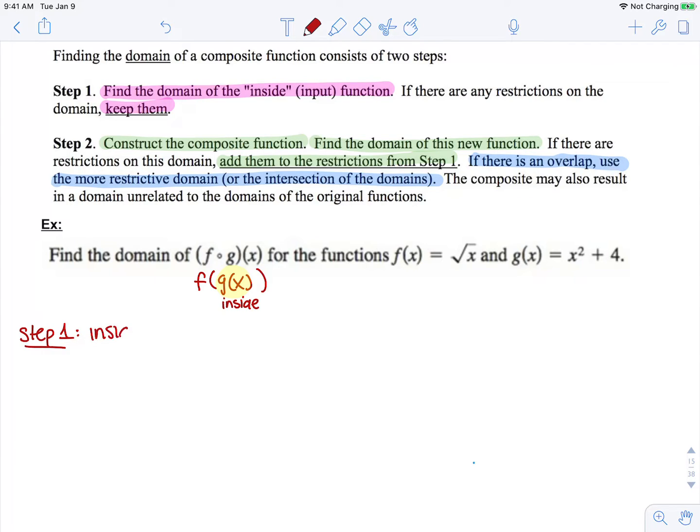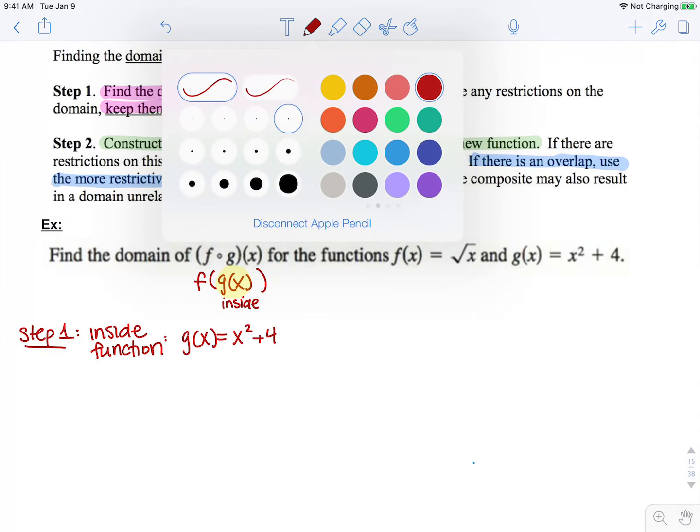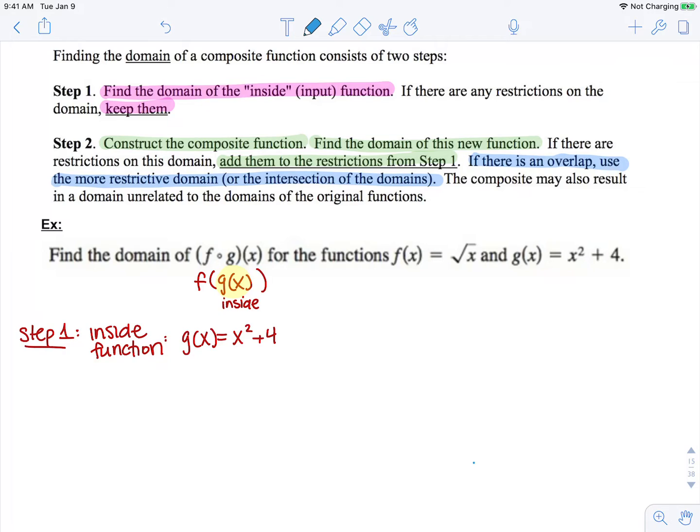if our inside function is g of x equals x squared plus 4, we need to ask ourselves, what x values can we plug into this function that will give us a real number?